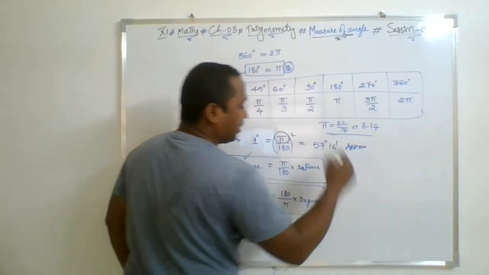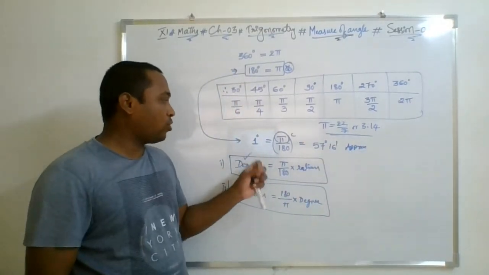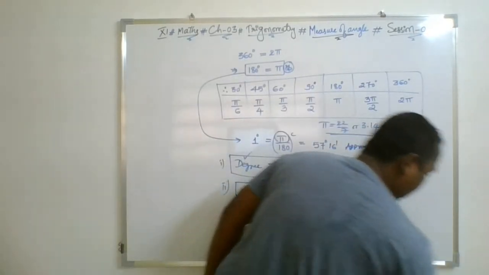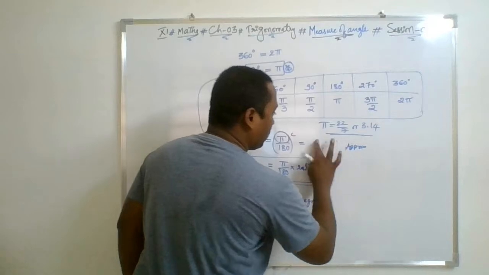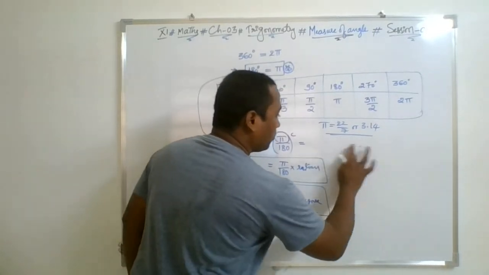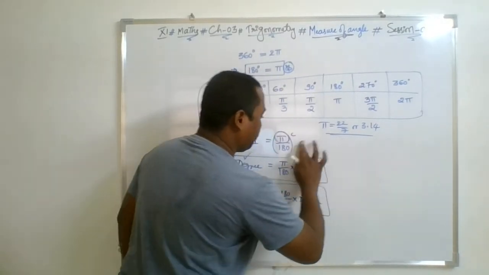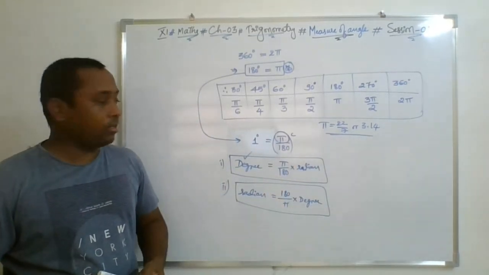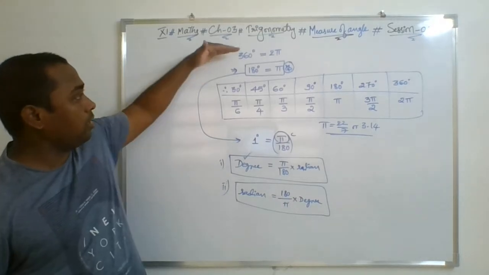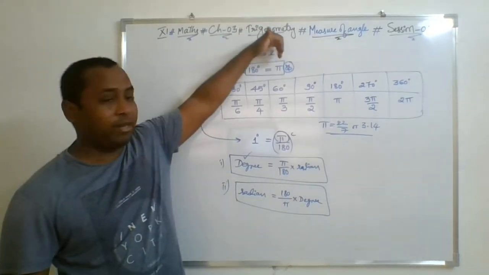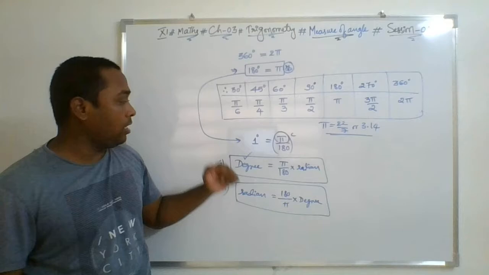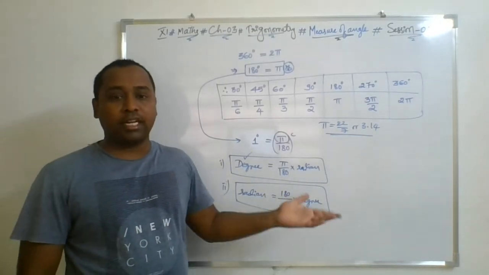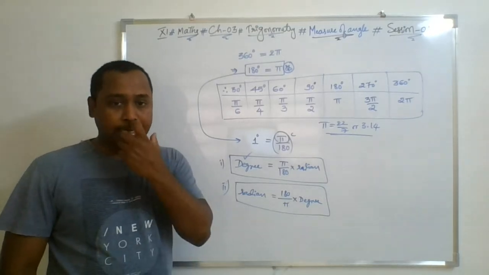So this is the relation between the degree measure and the radian measure, and these are the two formulas we can use to convert degree to radian and radian to degree measure.